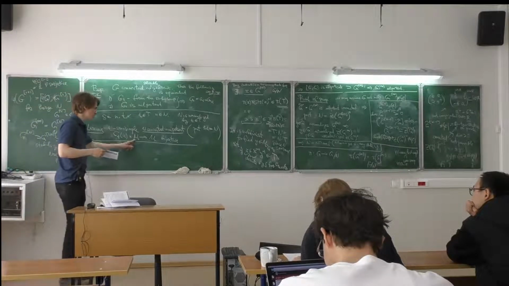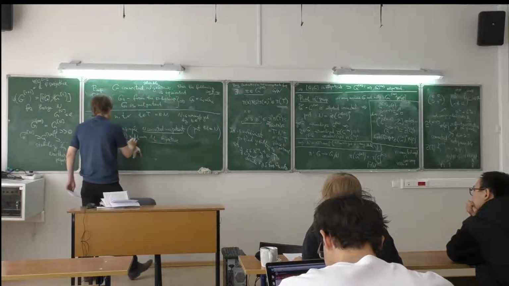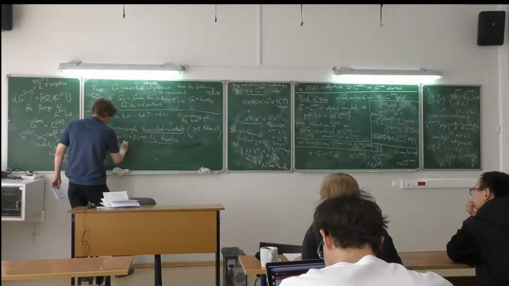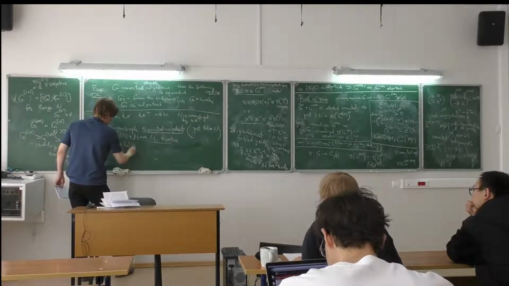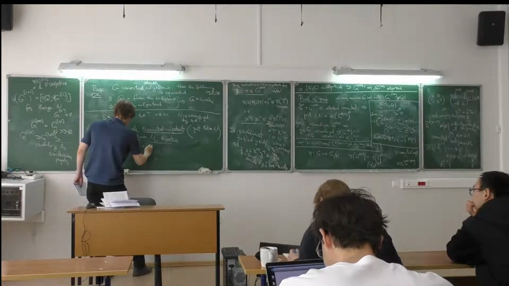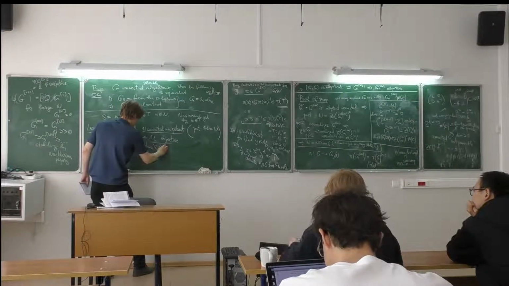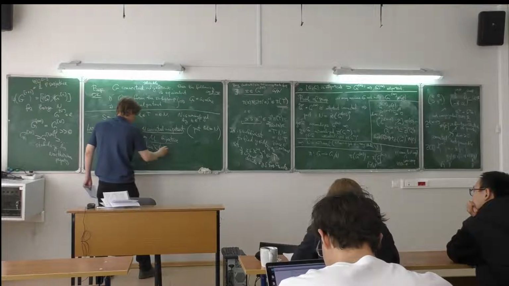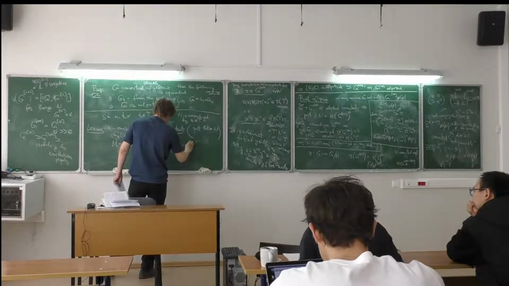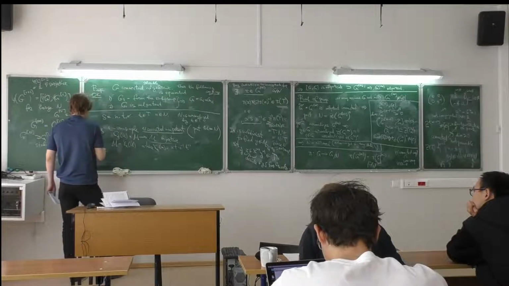So m is precisely the image of gamma t of u, where gamma t is just the commutator. Gamma t of the element u is just the commutator u t u inverse t inverse. So just apply this to n.